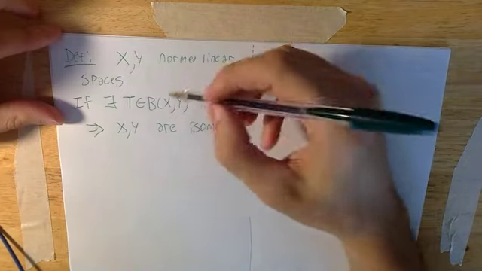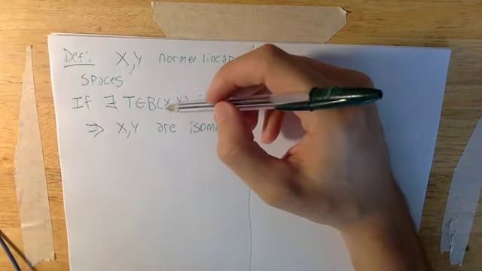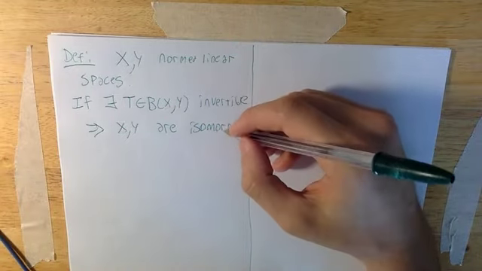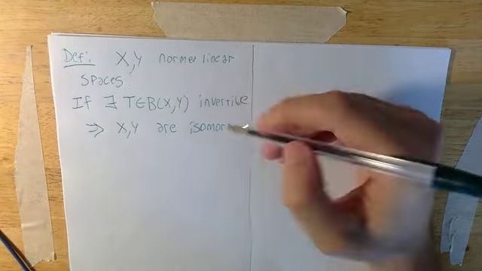So this is the definition. If there exists a T going from X to Y that is invertible, then we say that X and Y are isomorphic, and T is an isomorphism.